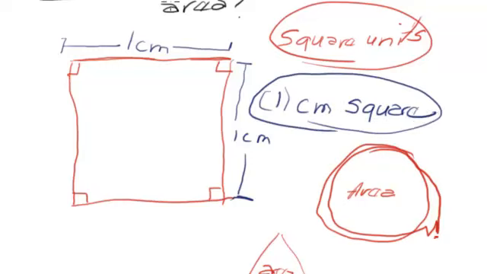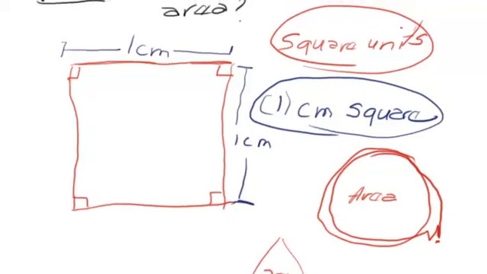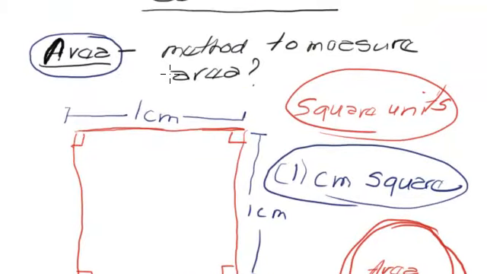But going back to this concept of area, there is no device to measure area. So what I want you to think of is heat. If you have a temperature, you use a thermometer to measure it. If you're driving a car, you look down at the speedometer, and your speed is being measured for you. There is no way to do this for area.